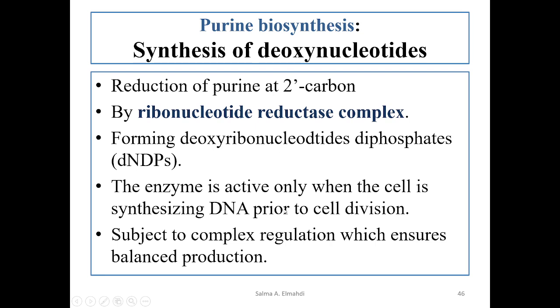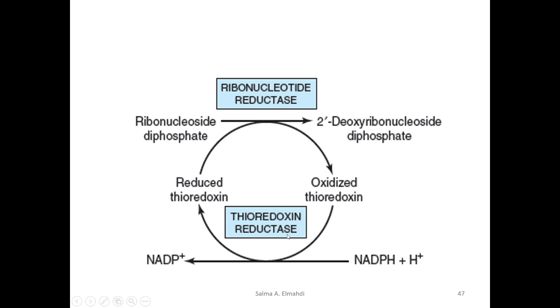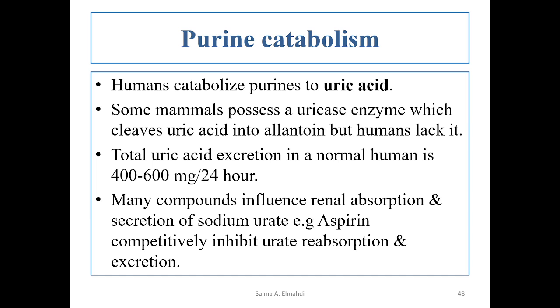The enzyme is active only when the cell is synthesizing DNA prior to cell division. Otherwise, in the rest of the cell cycle, this enzyme is dormant. This enzyme is subject to complex regulation, which ensures balanced production. NADPH here is the source of hydrogen for the reduction, and this is our complex enzyme that reduces ribonucleoside diphosphate to 2-deoxyribonucleoside diphosphate.